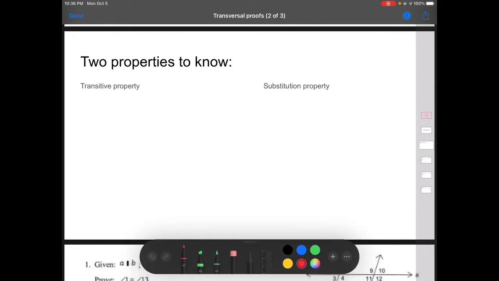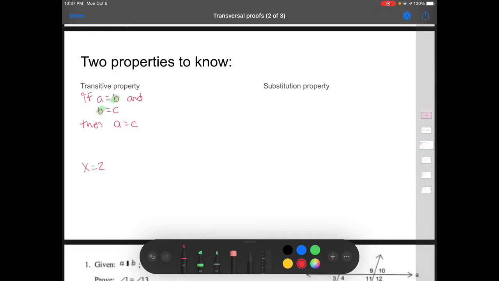One is called the transitive property. So in this one, it says that if A equals B and B equals C, then A equals C. So what it's saying is, since A and C both are equal to B, then they have to equal each other, right?